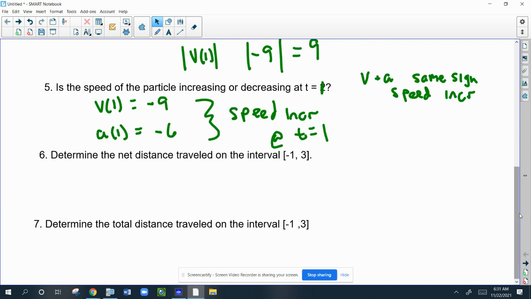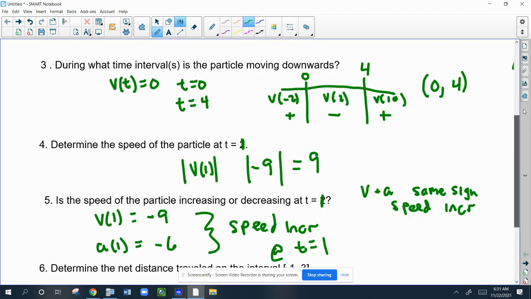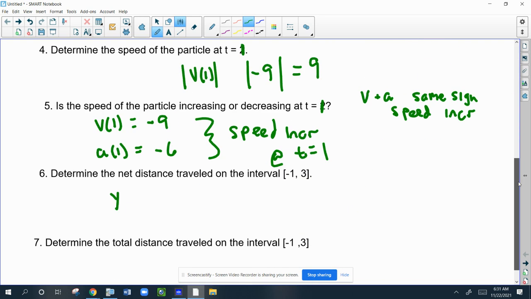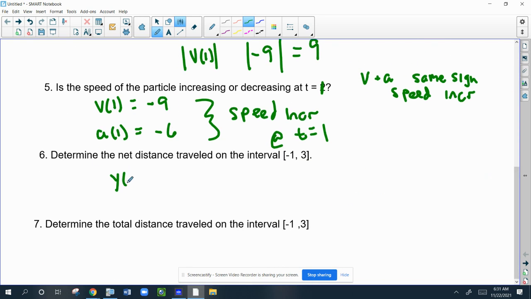You just figure out where it started and subtract it from where it ended. So for net distance, you'll just take its position, and remember the position function is the y, and figure out its position at 3 and then subtract from it its position at -1, and that will give you net.